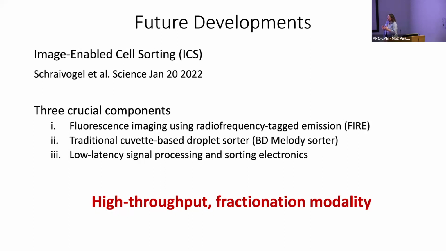Three crucial components of the development of this image cell sorter were that they used fluorescent imaging using radio frequency tagged emission, which they incorporated into a traditional cuvette-based droplet sorter. This is from BD Biosciences; they used the BD Melody sorter, and very low latency signal processing and sorting electronics, which is quite amazing if you think about sorting based on an image and getting subcellular localization.